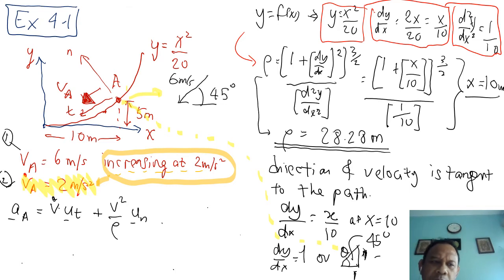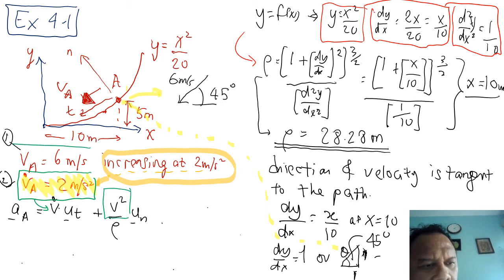Do you know where your v dot is? Yes, your v dot is already here. That's your v dot. Do you know your v squared? Yes, your v squared is here. Do you know your rho? Yes, your rho is here.